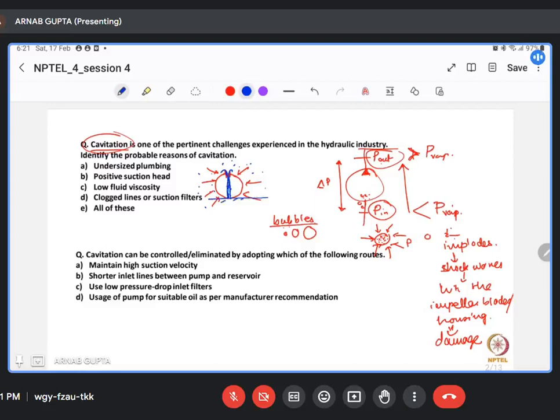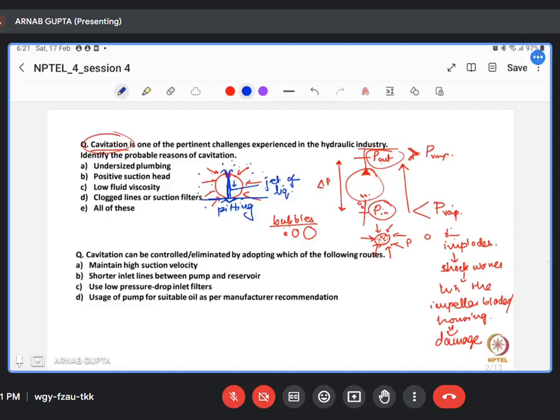So this high speed jet of liquid is also responsible for causing pitting action on the surface over which this bubble is going and hitting. So this jet of liquid also causes the pitting. We also call it microjet if the size of the bubble is less.